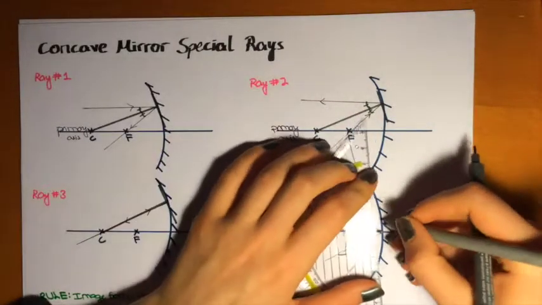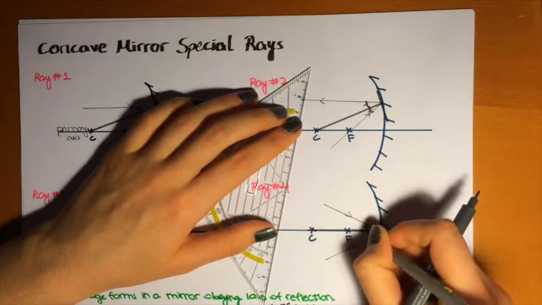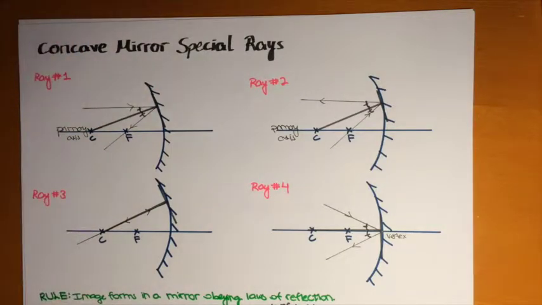Draw my normal. This angle of incidence is equal to this angle of reflection. Okay, so these are my 4 rays. These special rays I'm going to use to find the image an object forms in a concave mirror.